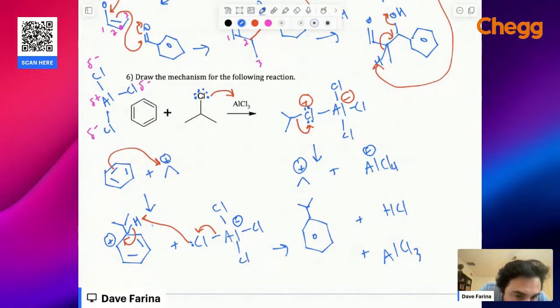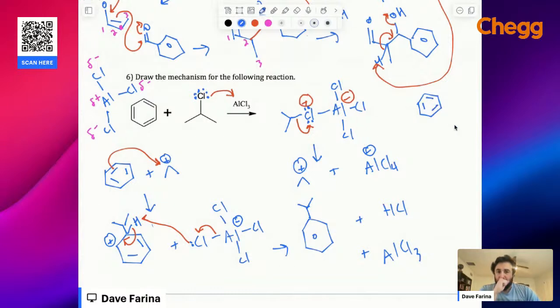Someone says, is this boat or chair conformation? Neither. So benzene is fully planar. You're thinking of cyclohexane. Cyclohexane will tend to adopt a chair conformation, but not if it's benzene, right?